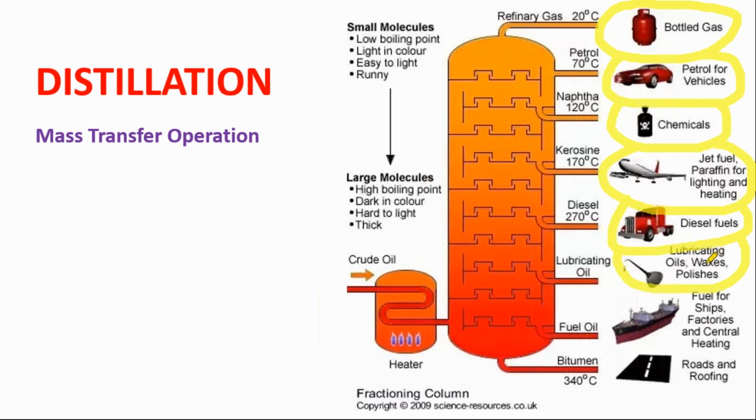Especially when we are talking about the winter seasons, we are using these different petroleum products. Then fuels for ships, factories and central heating. And this one, that is called coal tar or bitumen or asphalt, for making roads and roofing.